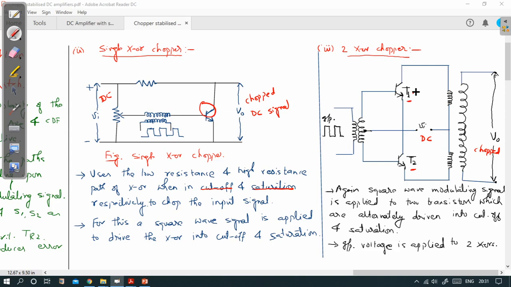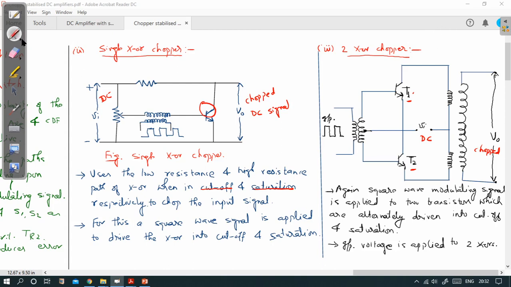When in saturation they behave like a short circuit, and when in cutoff they behave like an open circuit, and accordingly the signal will appear at the primary of this transformer, and you will get the signal at the secondary of this transformer. That will be the chopped version of this input signal Vi. I leave this operation to you.